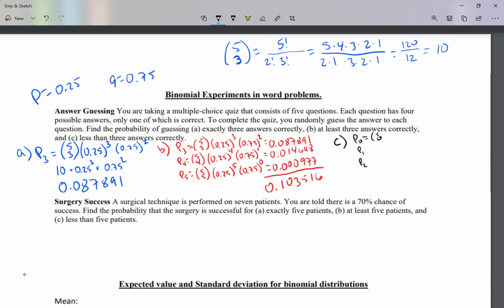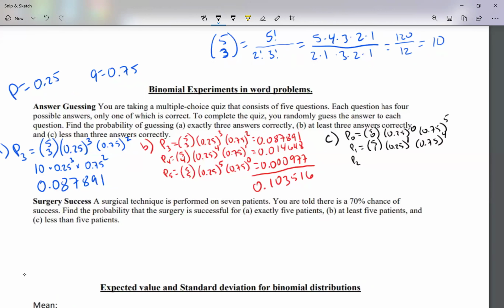Remember, I had to go 5 choose 0, and then 0.25 to the 0 times 0.75 to the fifth. What's the probability that I get 1 right? Well, 5 choose 1, times 0.25 to the 1 and 0.75 to the fourth, because I'm going to be 1 correct and 4 wrong.